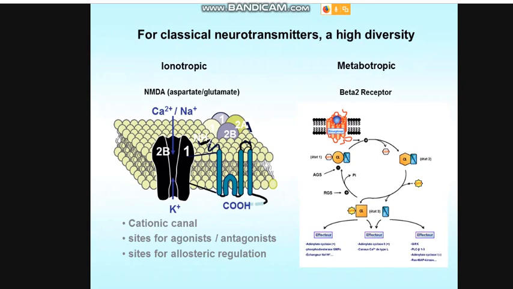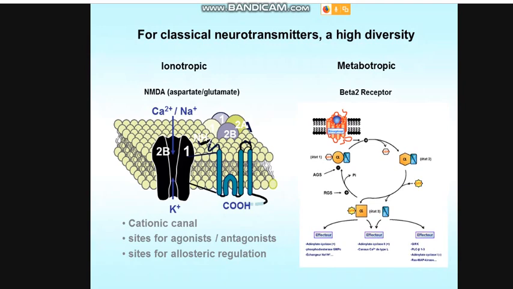Then you have metabotropic receptors, which are related to the activity of G proteins, with the alpha subunits of G proteins capable of modulating other intracellular signaling pathways, I don't know, channels, enzymes, protein kinase, protein phosphatase, etc. So this is the circuit of G proteins.